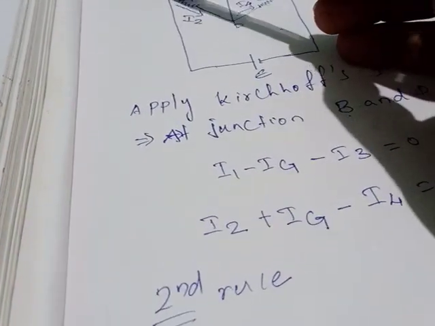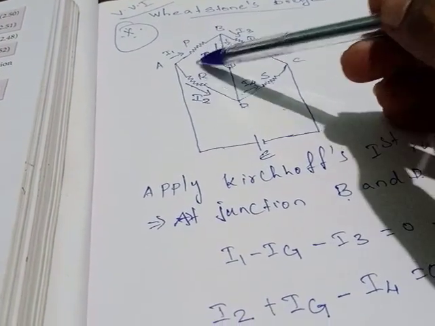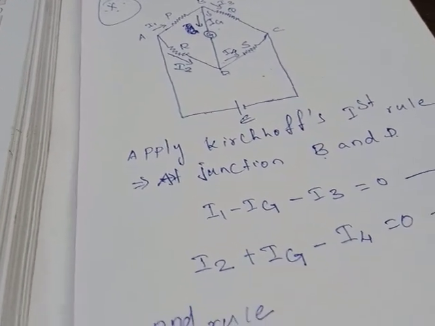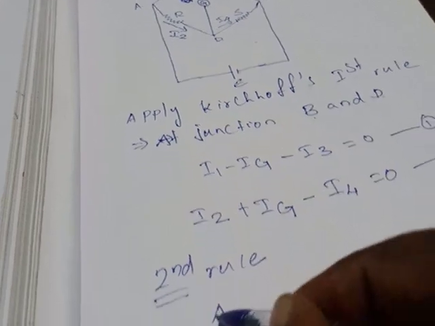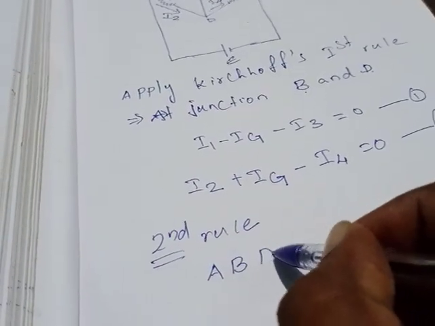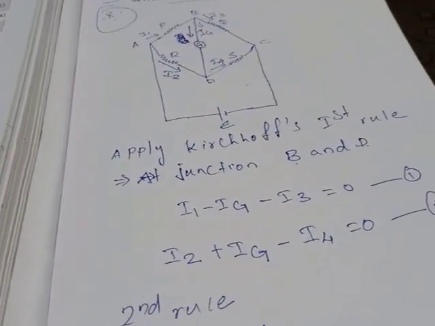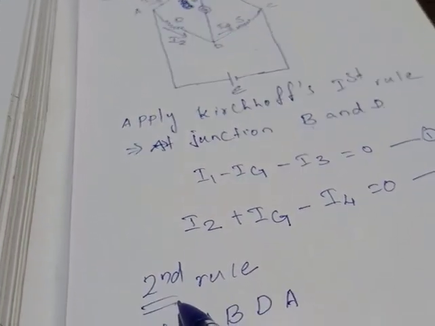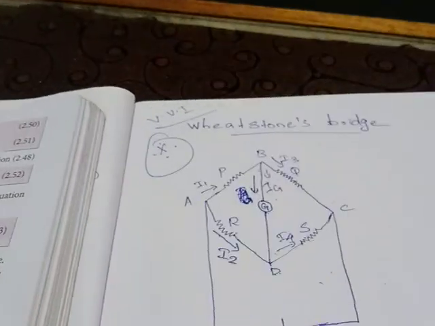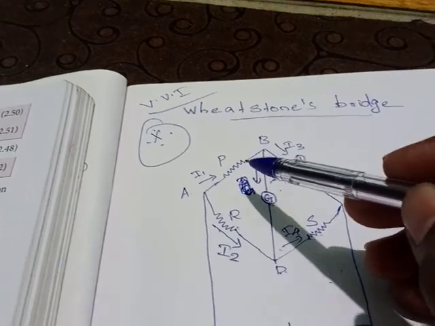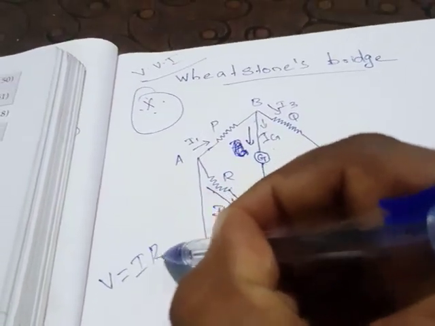Here the closed circuit is A, B, D, A. So first you have to apply the Kirchhoff rule in the closed loop A, B, D, A. Applying Kirchhoff second rule to loop ABDA, we know V is equal to IR format.